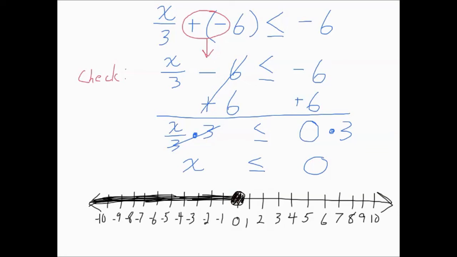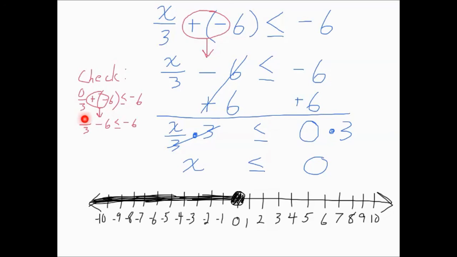So let's pick 0. So plugging 0 back in for x, we would get 0 over 3 plus negative 6 is less than or equal to negative 6. Now, plus minus becomes minus, so we get 0 over 3 minus 6 is less than or equal to negative 6.